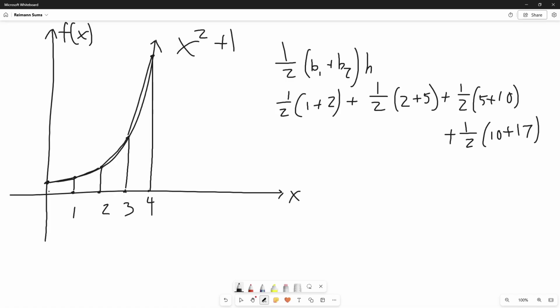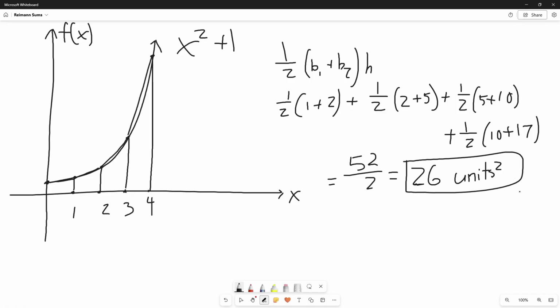Yeah, and again, your base 1 is your left side, your base 2 is your right side. So when you add these all up together, you should get 52 over 2, which is 26 units squared. And that's the area of all your trapezoids.